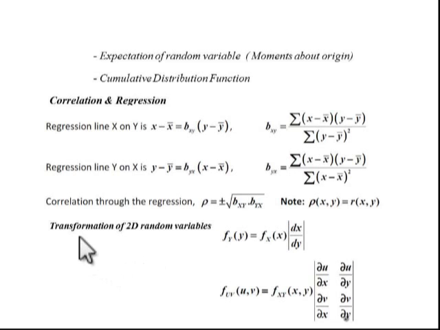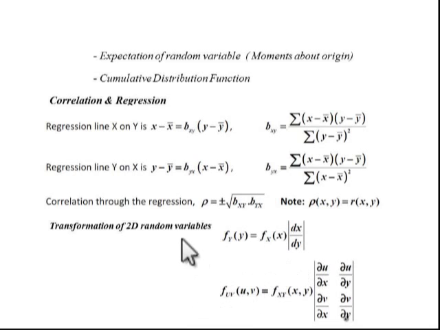The last topic in the second unit is the transformation of random variables, which we discuss for the one-dimensional and two-dimensional cases. Given a PDF of x and a transformation, to get the PDF of the new random variable y we have the formula f of y equal to f of x into the modulus of dx by dy, which can be written as f of x divided by the modulus of dy by dx.